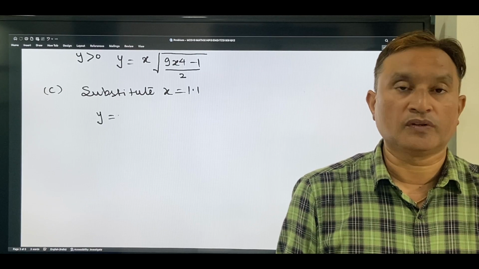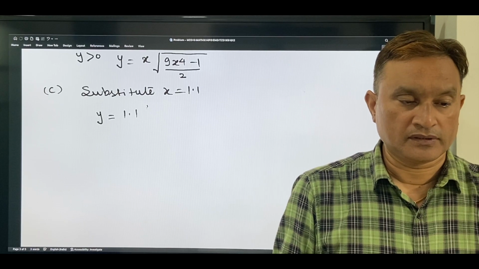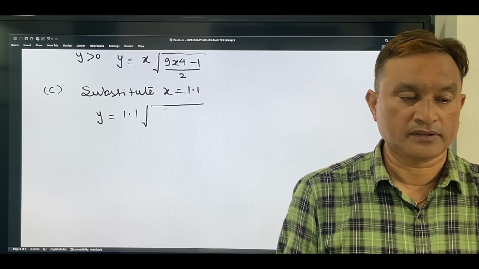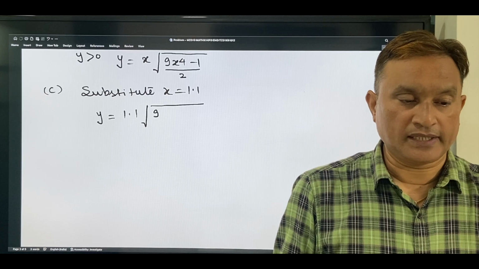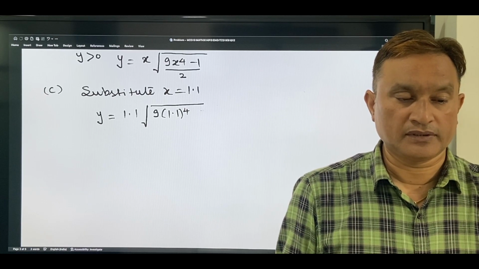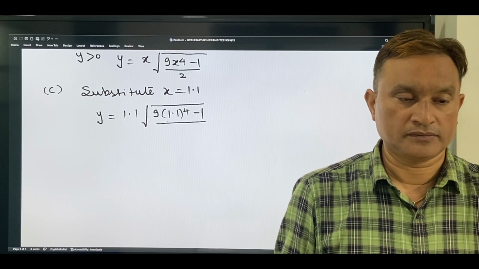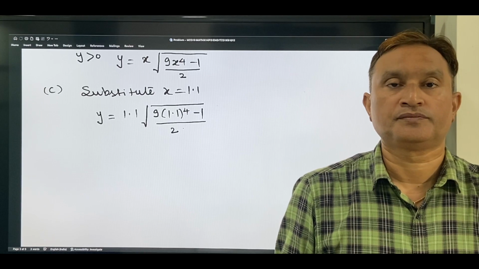So y equals to 1.1 square root of 9 into 1.1 power 4 minus 1 upon 2.